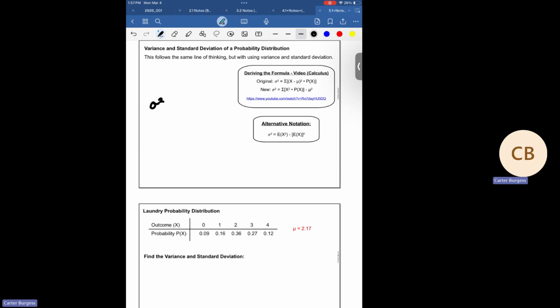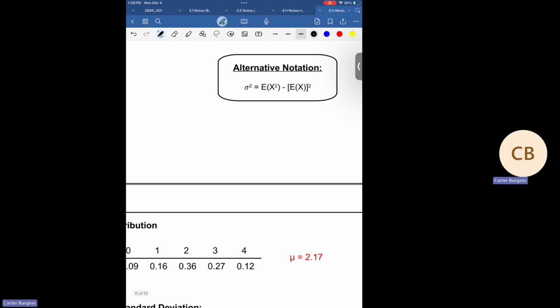What's the new way we have to describe the average? Expected value. So now this is the expected value of our squared difference. Which is a totally fine way to conceptualize that, but you do a little algebra work, and what you end up with is what we see here.